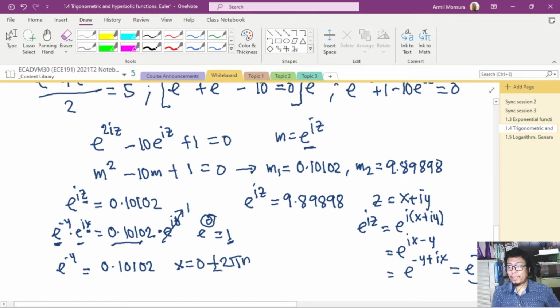So we will have here plus or minus 2 pi n for n equals 0, 1, 2, and so on. So that would be the value of your x.